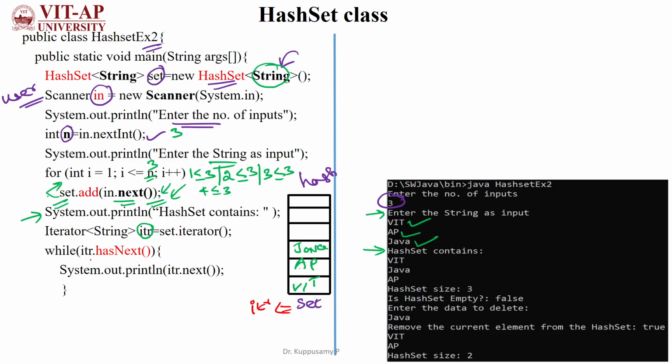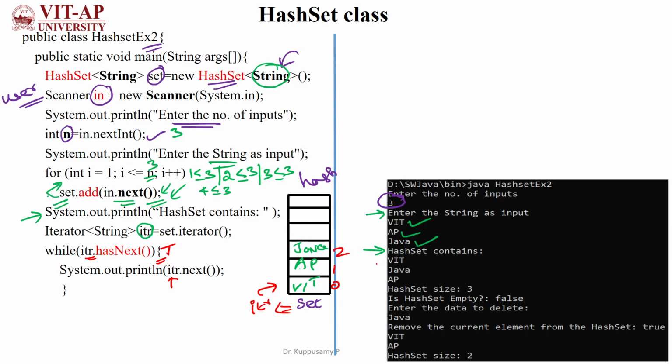Okay, does ITR have a next element? Yes, ITR is having the next element. Index is represented by using the numerical numbers 0 to n minus 1. Now ITR is having next element. Yes, it is returning true, then get inside the while loop, printing the current ITR element.